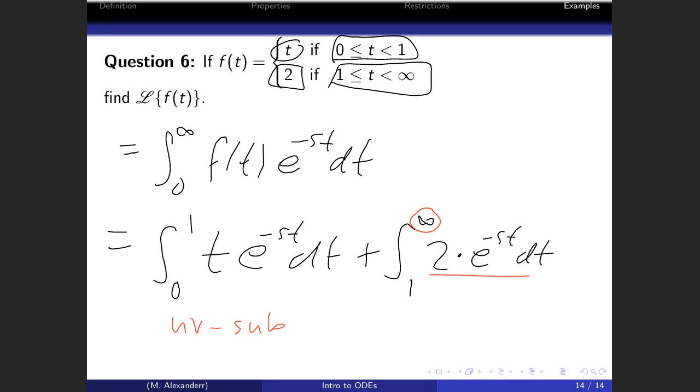At the end of the day, you do the integration and you get your formula, and that is going to be the Laplace transform of the original blue function, which I'll put here on the top. So the Laplace transform of the blue function, which is a piecewise function, is the formula that you get in red.